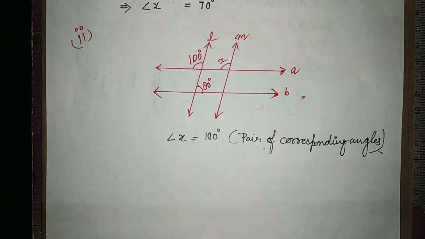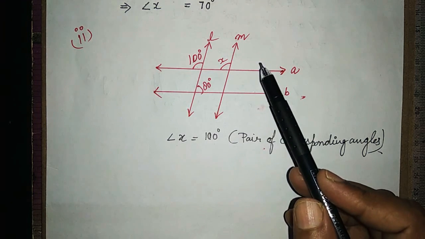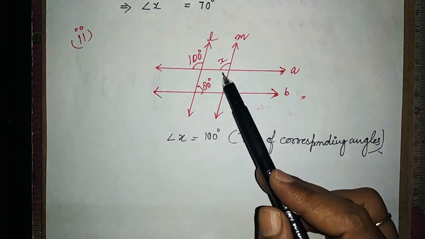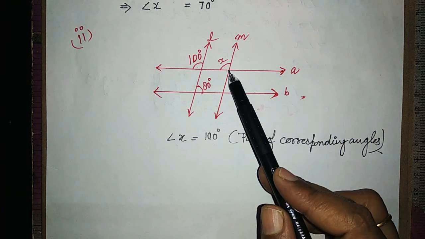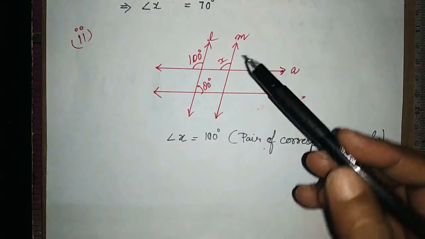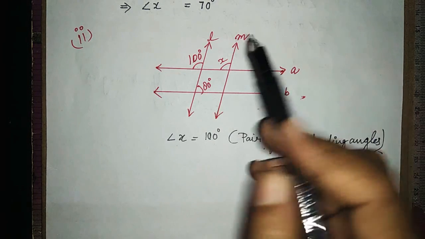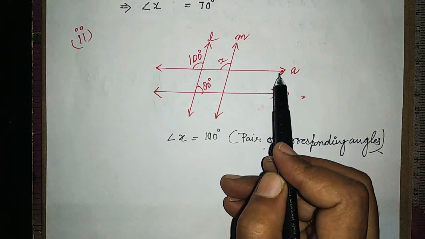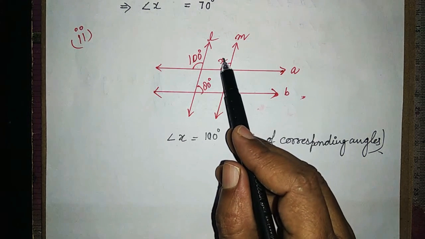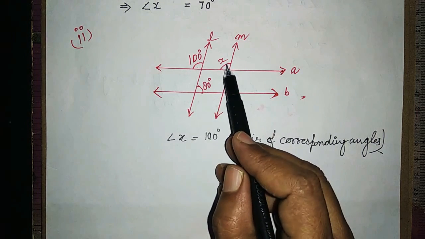Now students, see the second part of question number 4. In this question also you have to find the measure of unknown angle X. Here for this unknown angle X, we will take L and M parallel lines and A we will take as a transversal line. Now for this angle X, we will see the relation of this X and 100.